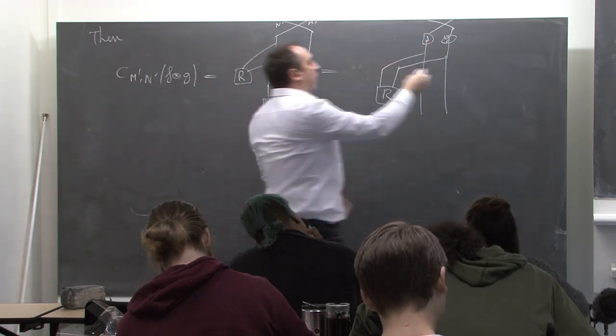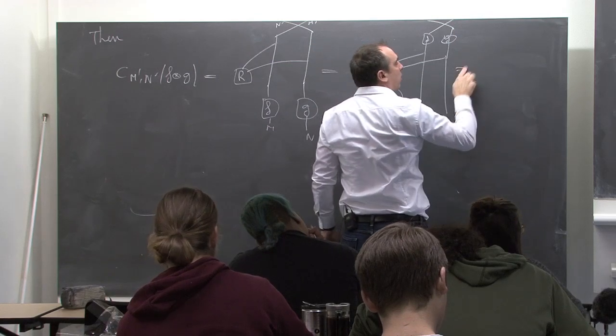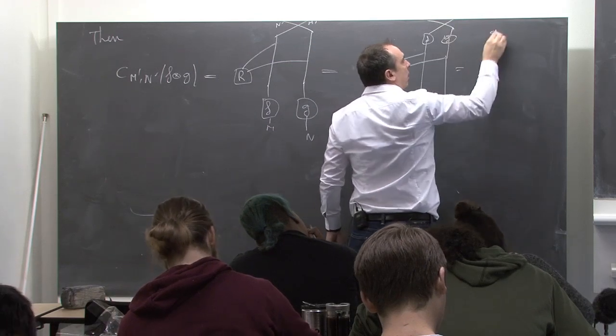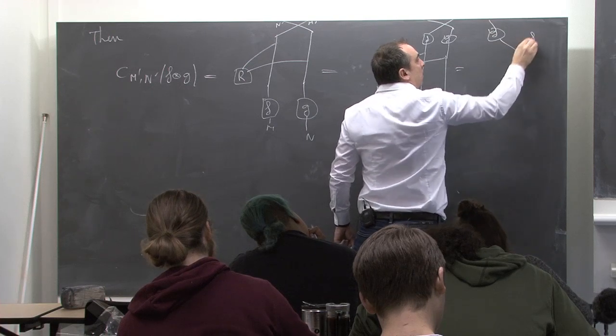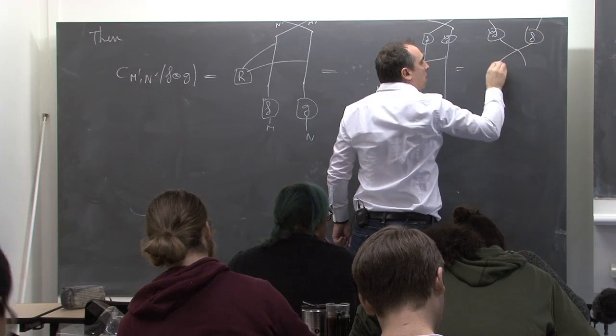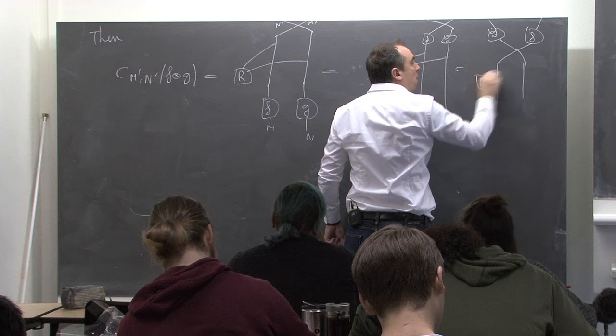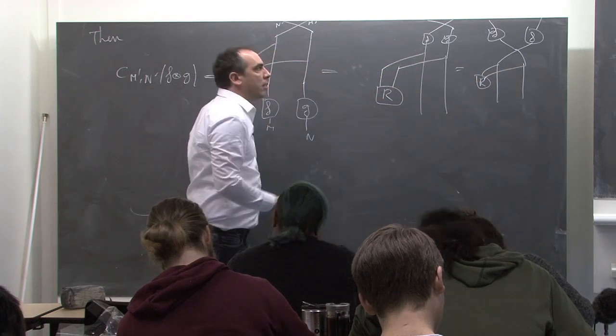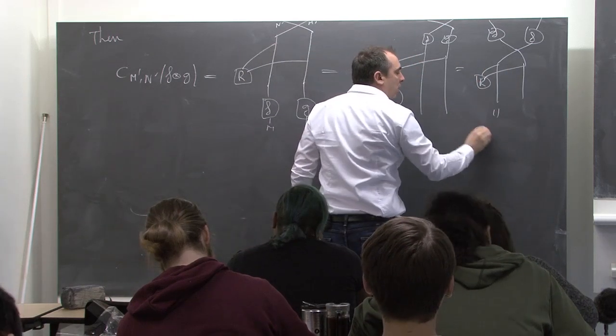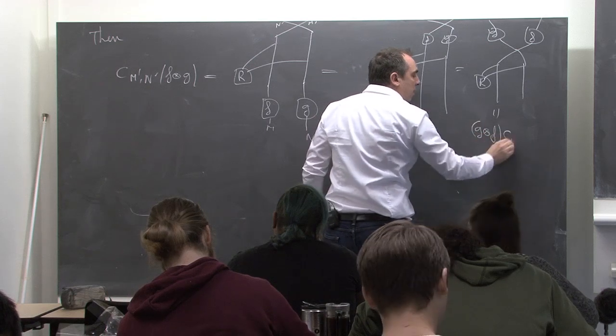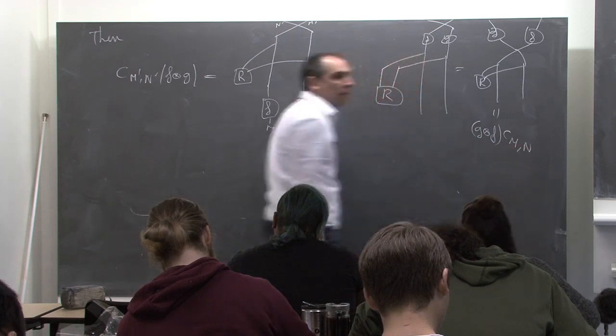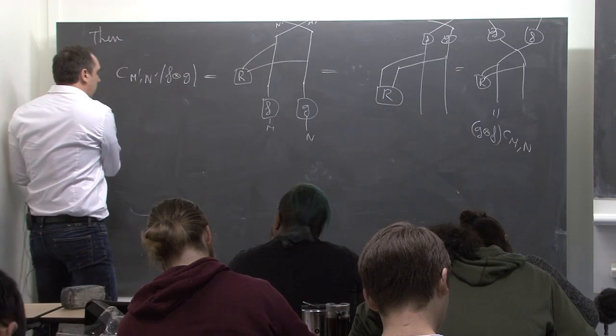And finally, the flip is natural, of course. So since this is G, F, R, and this is exactly (G tensor F) C_{M,N}. That's what we wanted to prove.